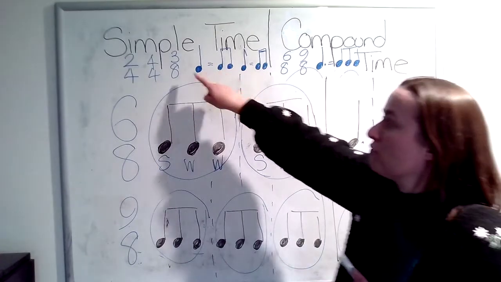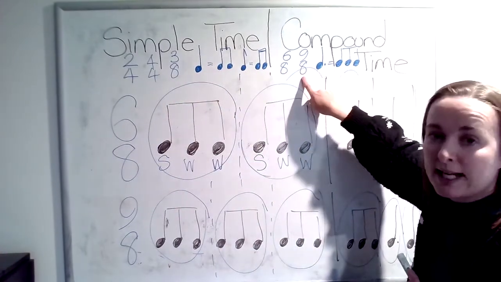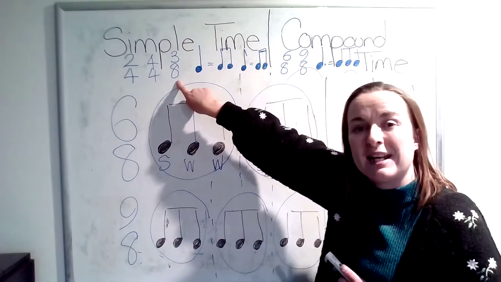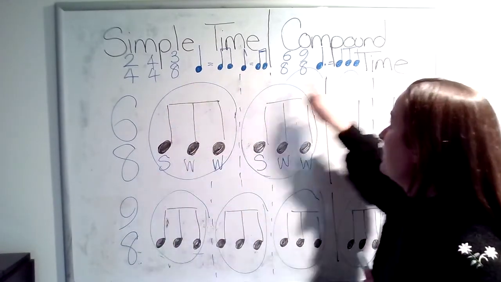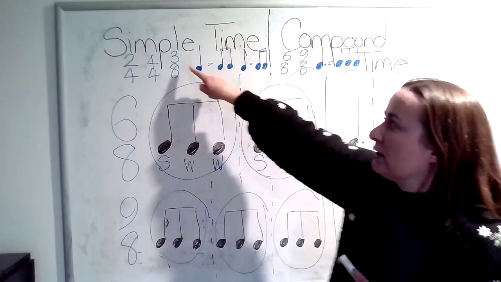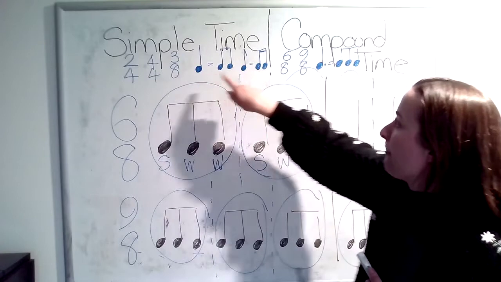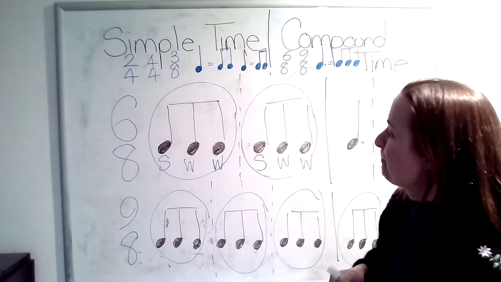I just want to draw your attention to 3/8, because why is 6/8 and 9/8 compound time but 3/8 simple? That's because we can't have one dotted crotchet in a bar, because it would be 3 quavers. So that's why in 3/8 the pulse is a quaver.